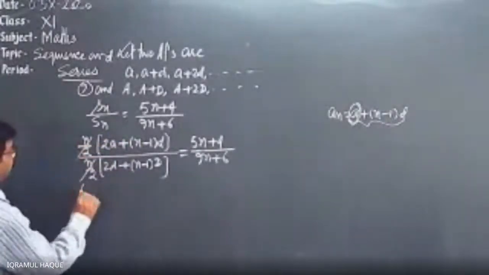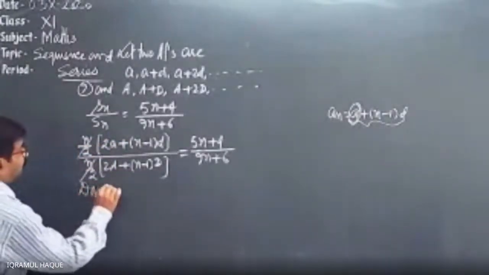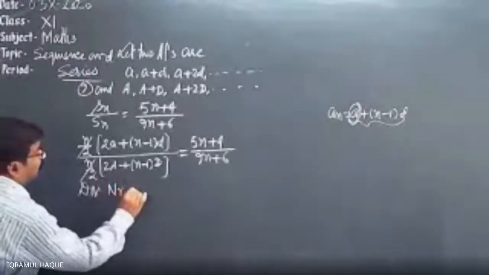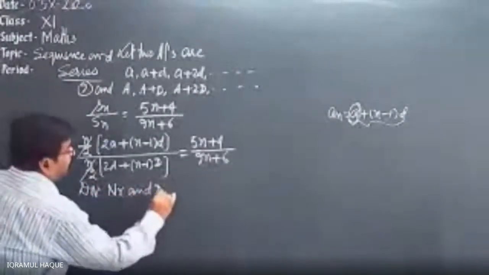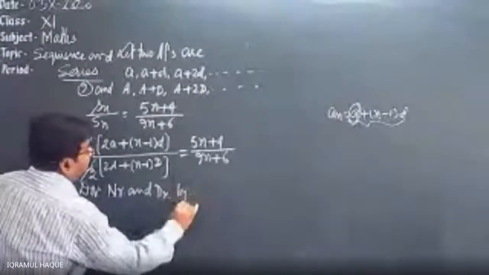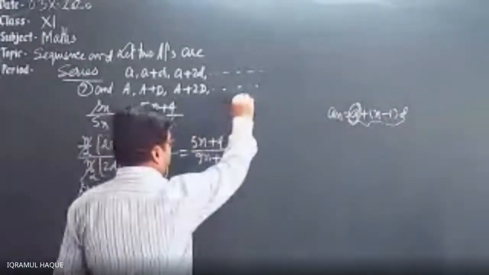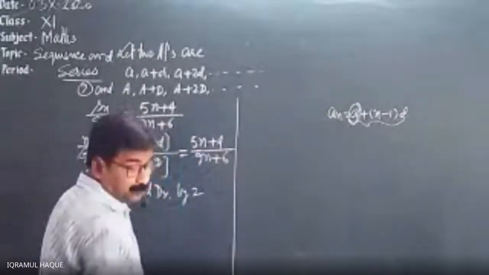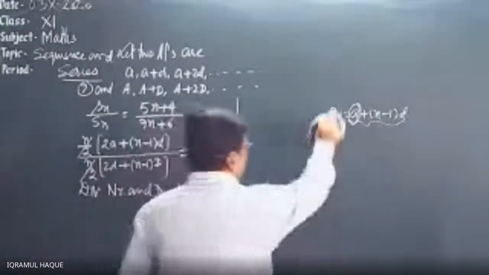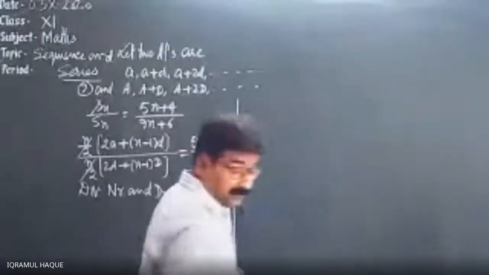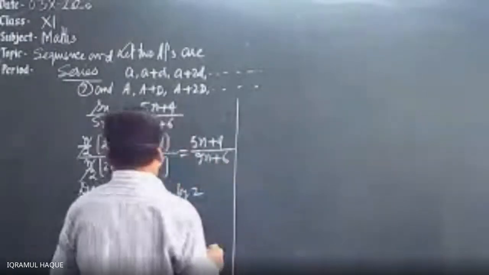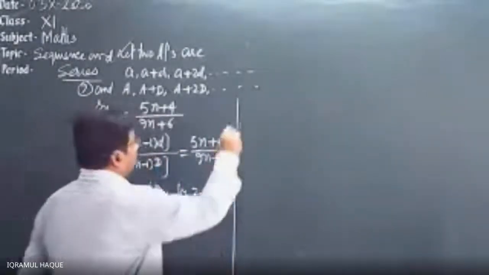So we write, divide numerator and denominator by 2. So what we get, see, then the 2 will go.